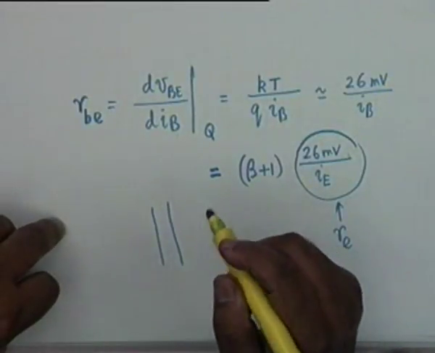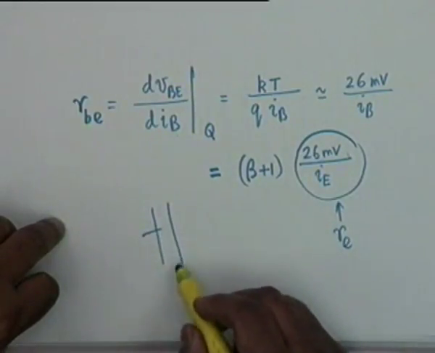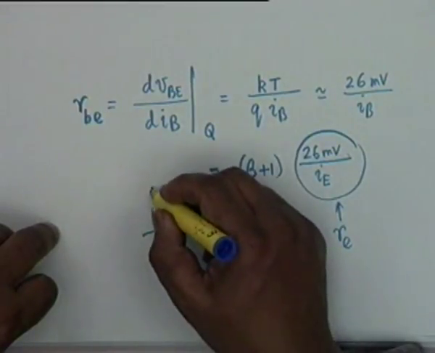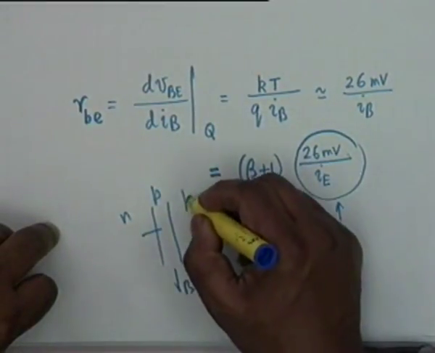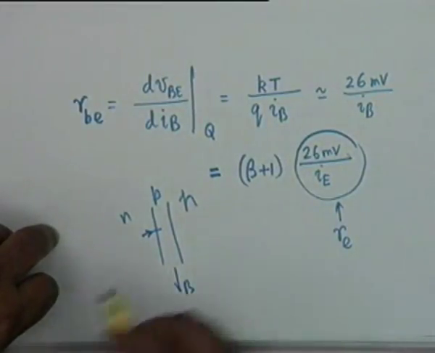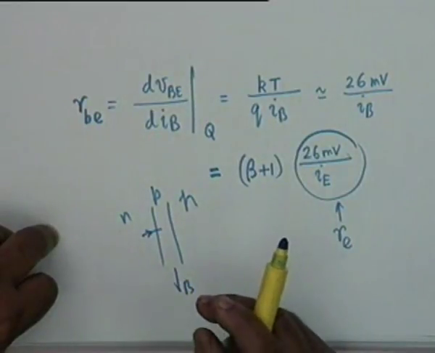However thin the base may be, any electron current, any current that has to come to the base, let's say this is NPN, has to traverse this width of the base.